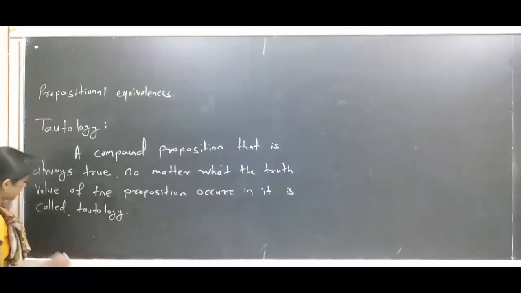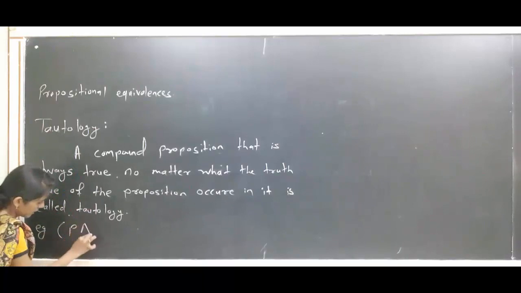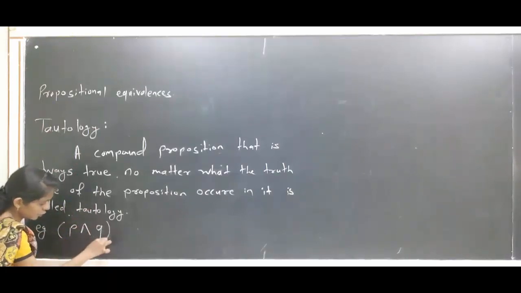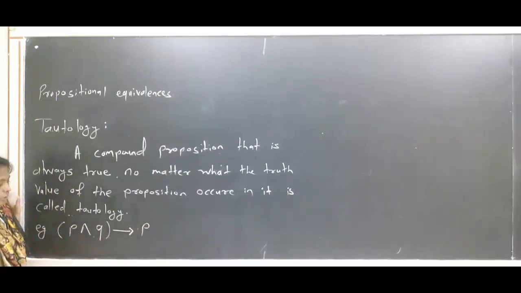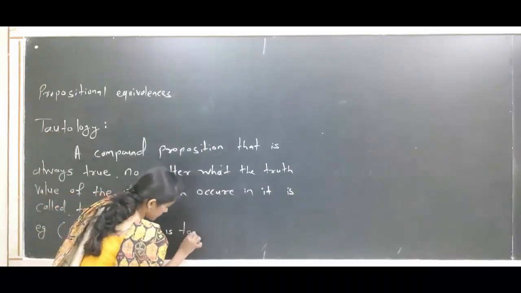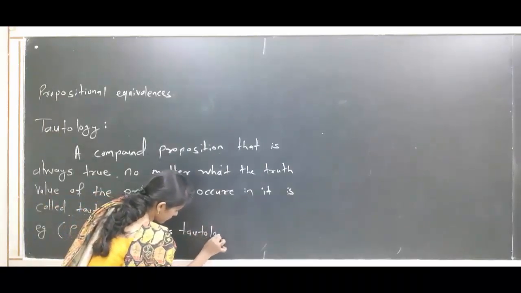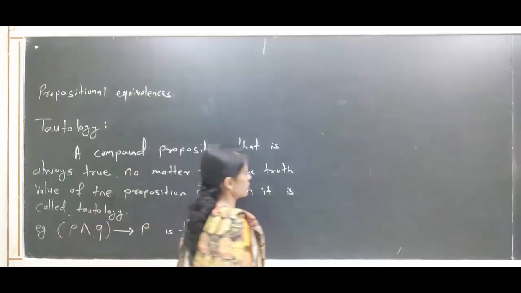So, for example, P and Q implies P. P conjunction Q implies P is an example of a tautology. We check this by using a truth table.